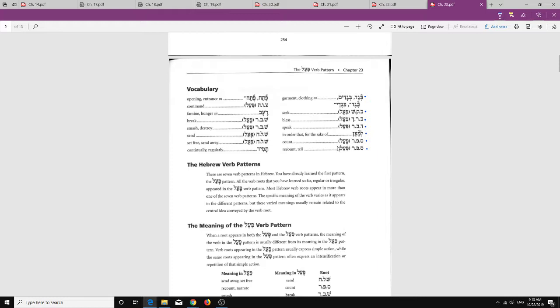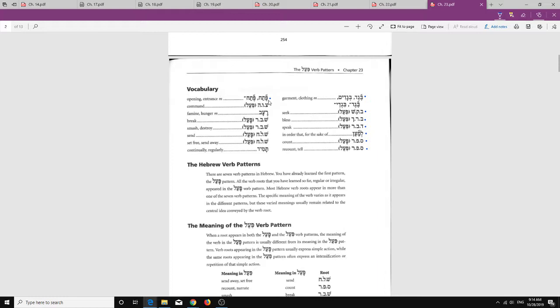Instead of having different vocab cards for this sort of thing, you could have the same vocab card for both, and just add the Piel sense to the vocab card that you've already created. That might be helpful.